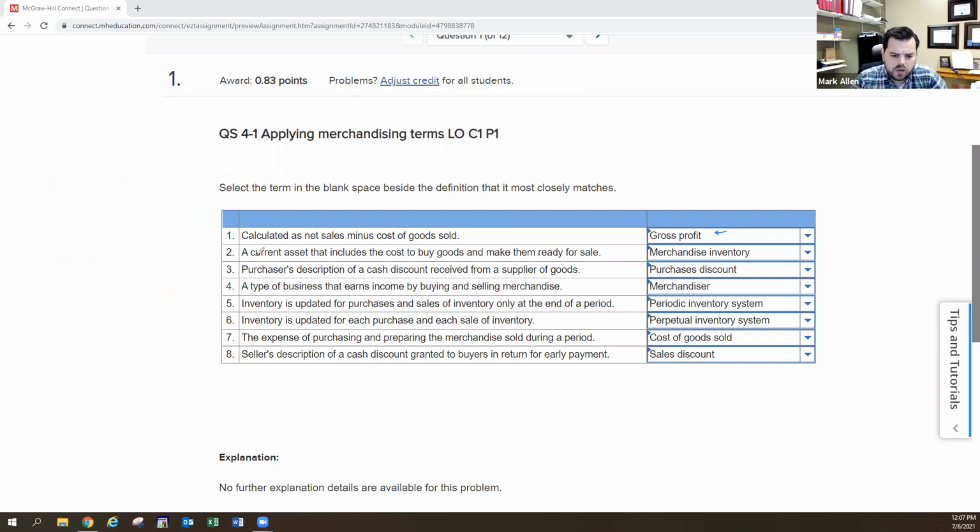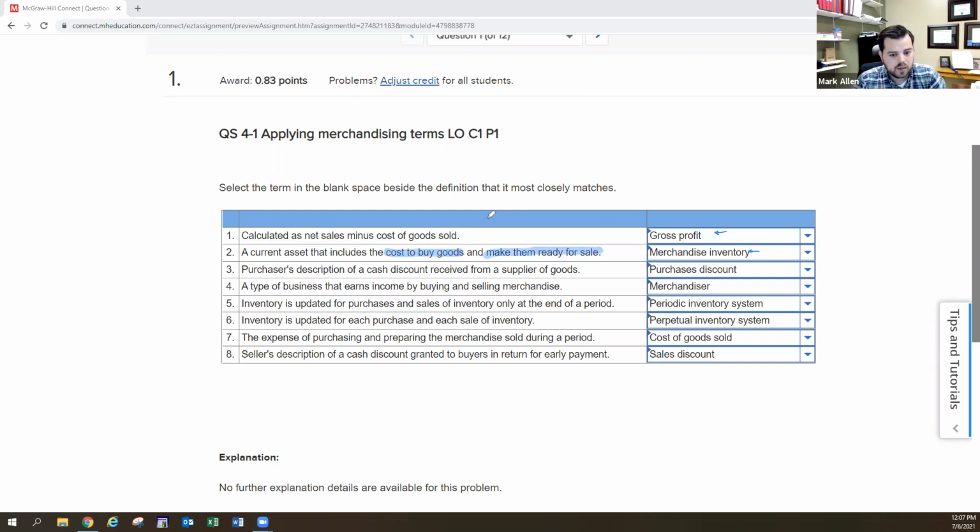So the next piece here, this tells us this is a current asset that includes the cost to buy goods and make them ready for sale. This is very strictly just what we define as inventory. So this includes a very important item that people often forget, is that it's not just the cost to buy the goods that we're concerned about here, but it's also that cost necessary to make them ready for sale.